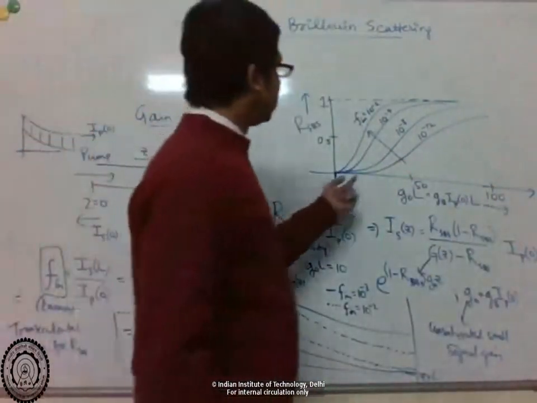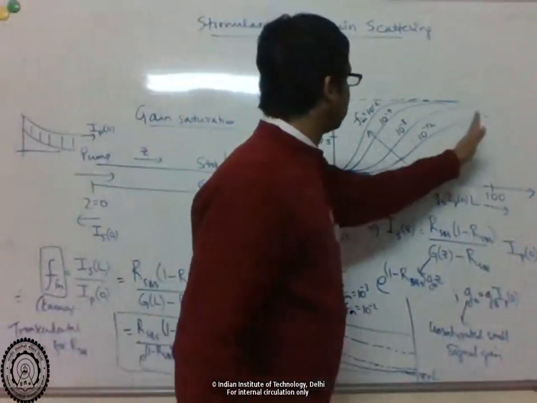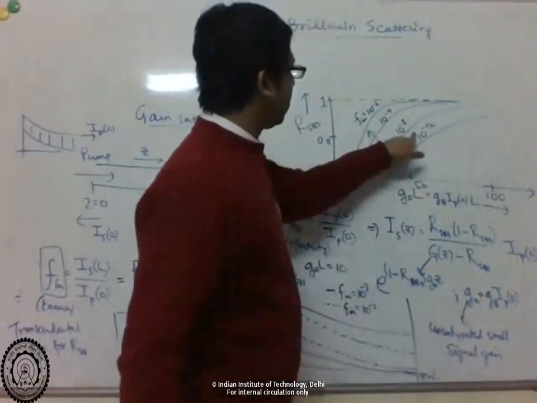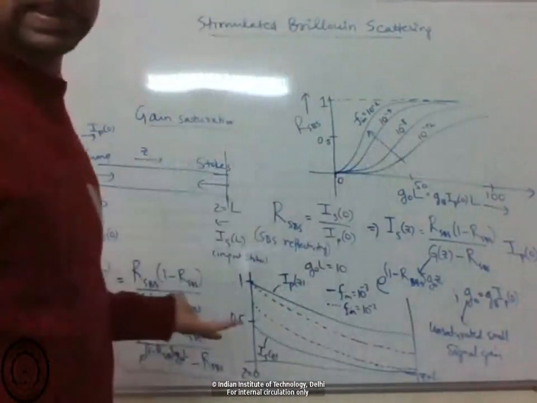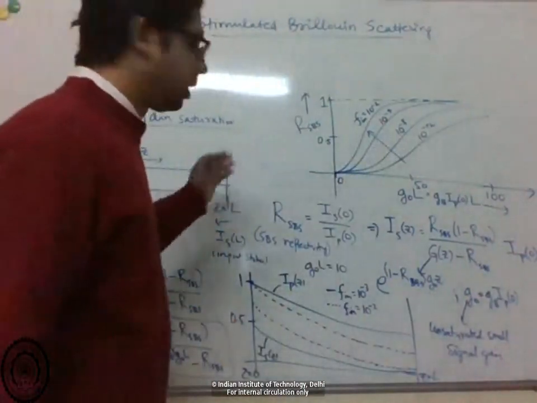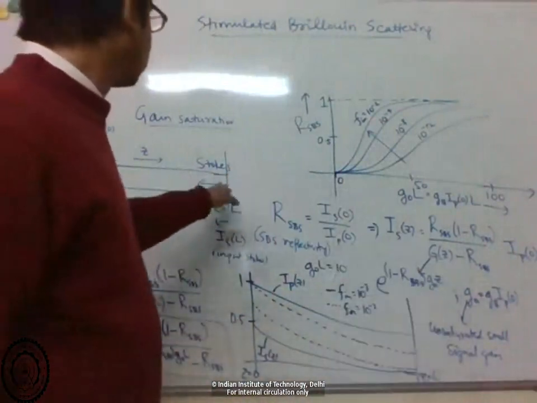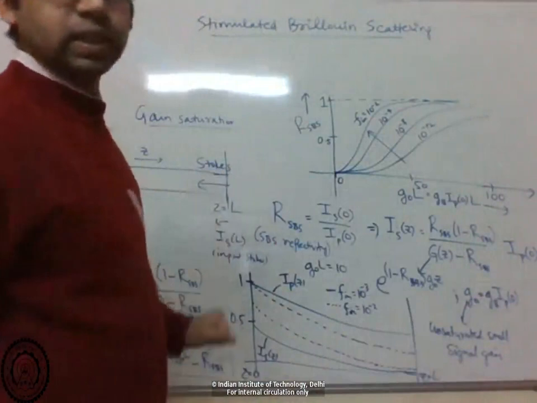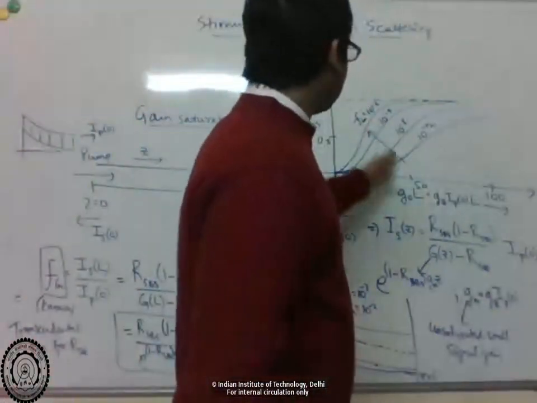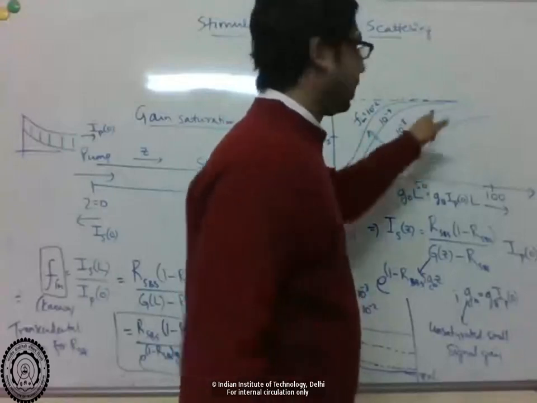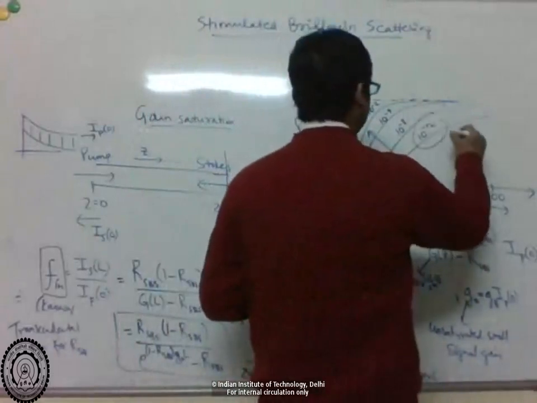Okay, so you can see that once you start exceeding, let's say G0 L equal to 50, then even for a very small input, 10 to the minus 12, which you can consider basically just as noise, so no input here, just background fluctuations or vacuum fluctuations, some noise at the Stokes, that gets amplified such that, for example, you can get more than 50% reflectivity.